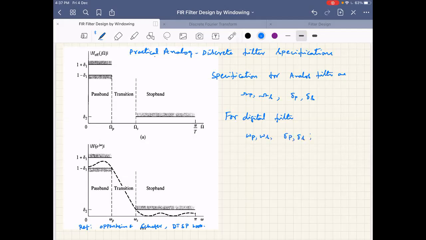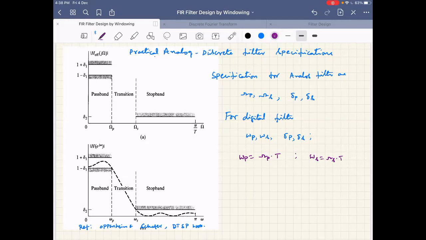The relation between these two is omega p is equal to capital omega p into T, and similarly omega s is equal to capital omega s into T. And delta p and delta s remain the same.